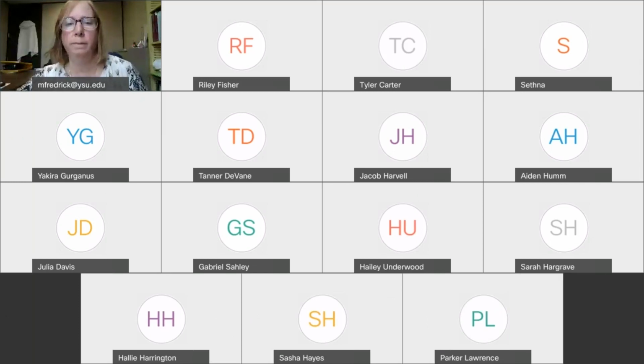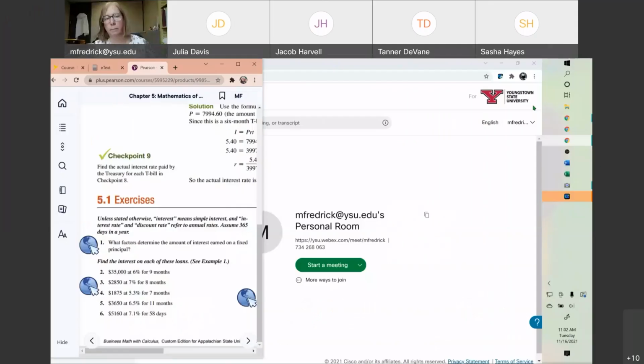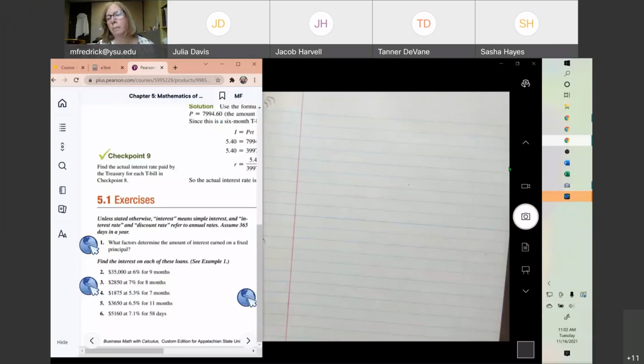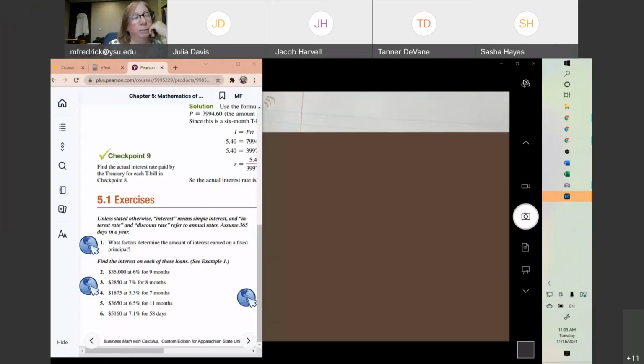So chapter 5. There's two groups of formulas. There's simple interest, and then I guess there's three.